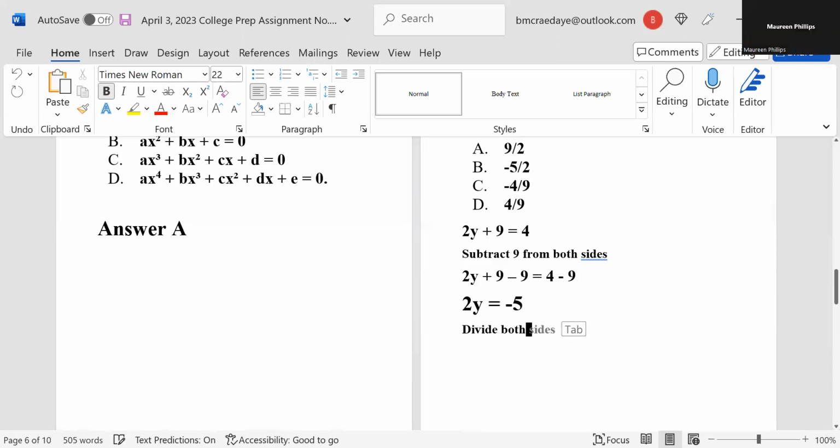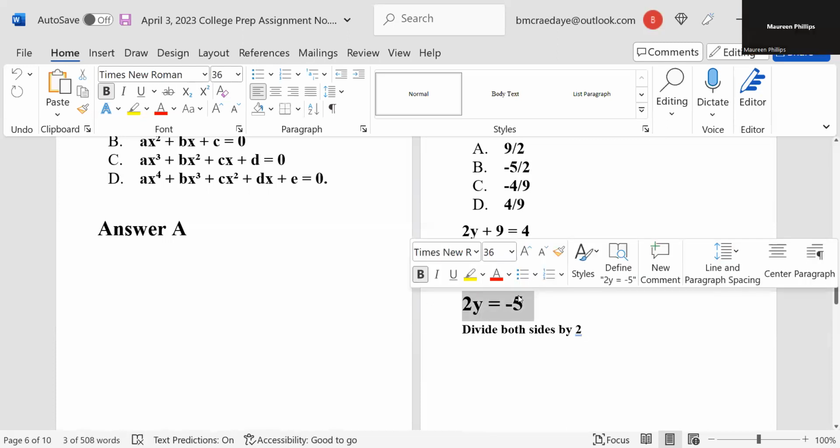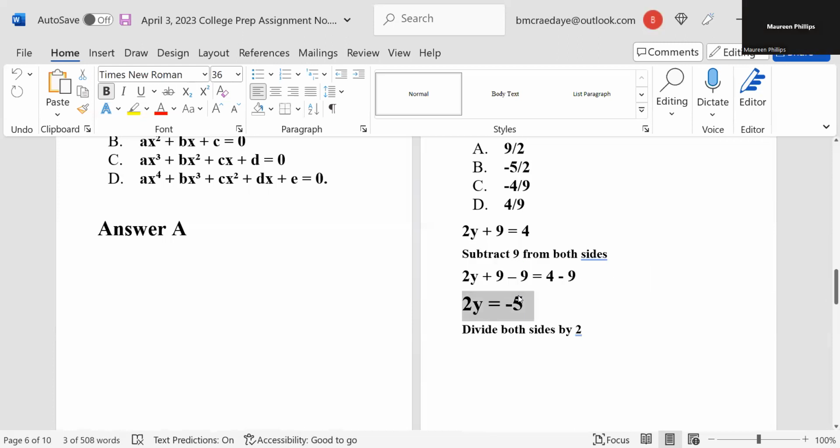Divide both sides by 2. Right? So what would that give you, Maureen? Let me just copy this. It will give you y. Y would be equal to what?